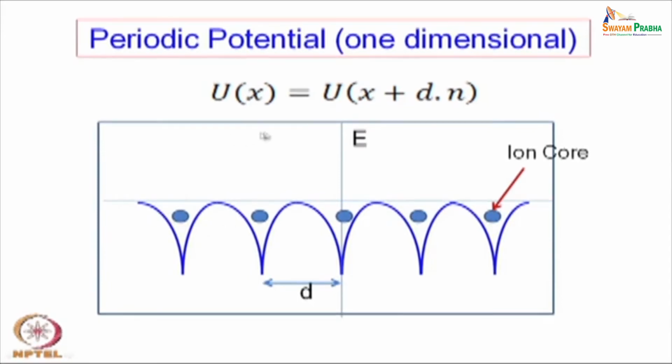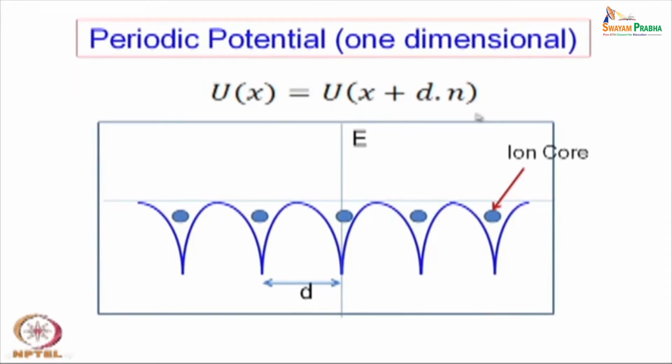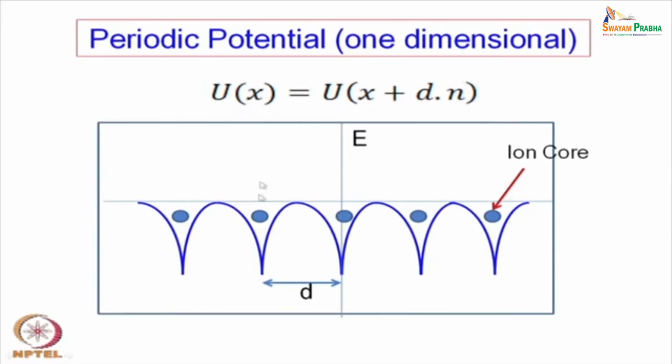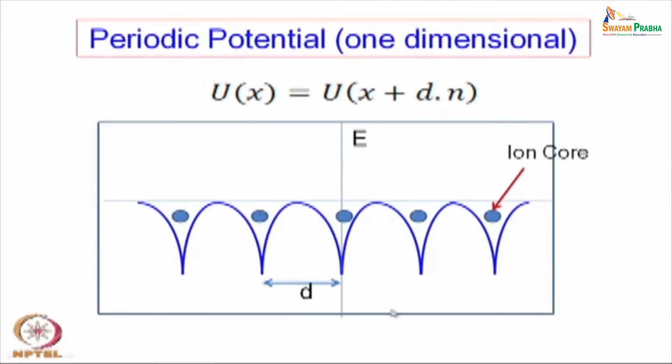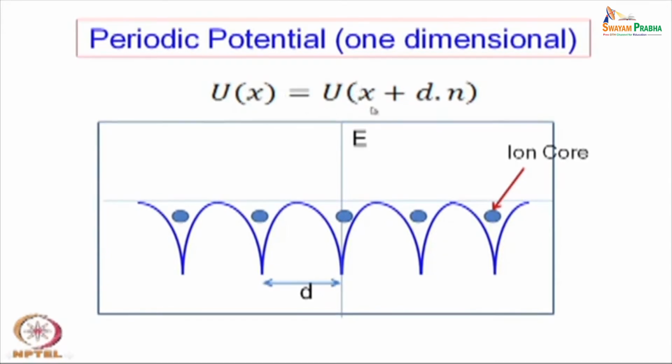This is an expression of periodicity. U is the potential as a function of x, x is this horizontal distance, and this function is equal to U(x + d·n).